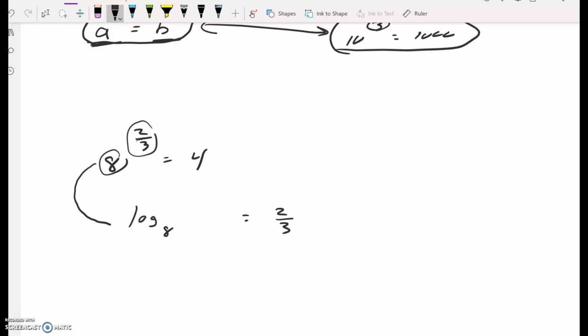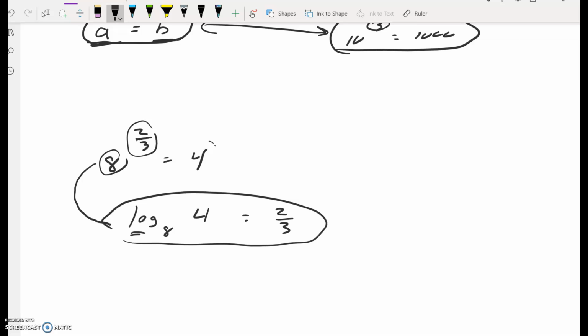And the result goes right here directly to the right of the logarithm, and the result looks like it's going to be 4. Notice the way you can interpret this is this logarithm, which equals 2/3. This logarithm is the power you would raise 8 to get 4. So we're raising 8 to the power to get 4.